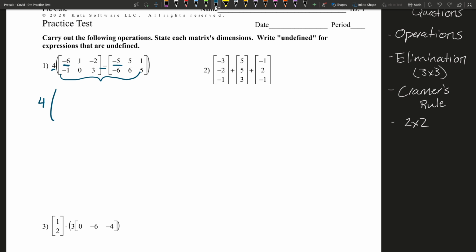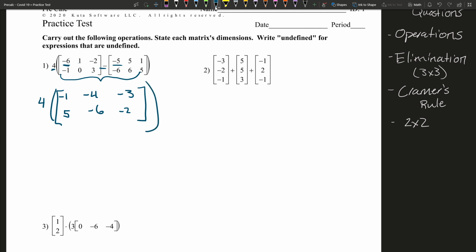If we have -6 minus a -5, that's just -1. 1 minus 5, it's -4. -2 minus 1, that's -3. -1 minus a -6 ends up being +5. 0 minus 6 is -6. And then 3 minus 5, that's -2.